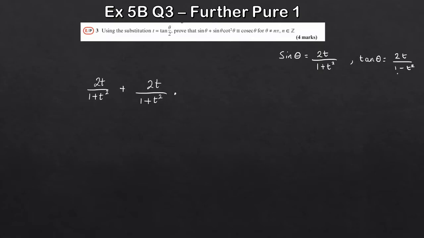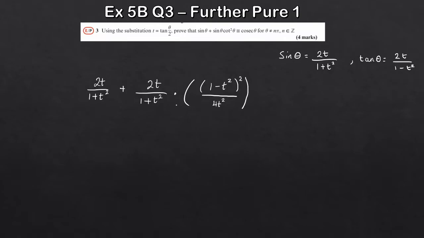That's the reciprocal of tan theta, squaring each one. If we're doing the bracket in full, it's 1 minus t squared on top, which we square, and then 2t squared on the denominator, so that's 4t squared. We'll deal with that one straight away.